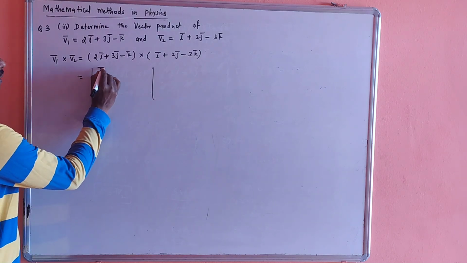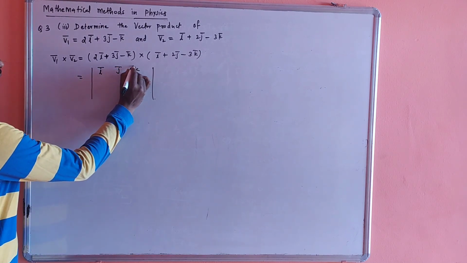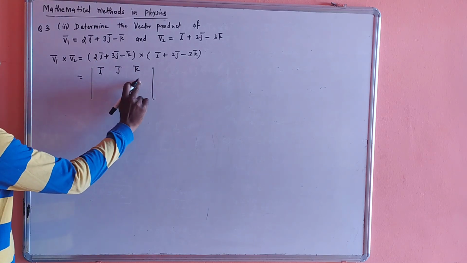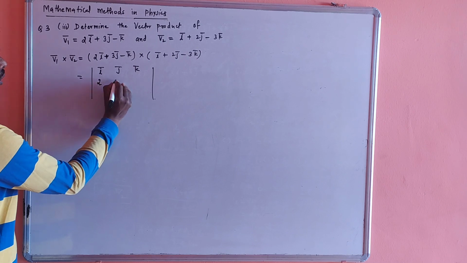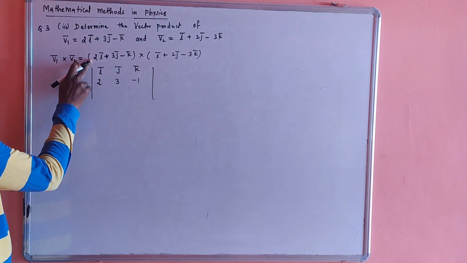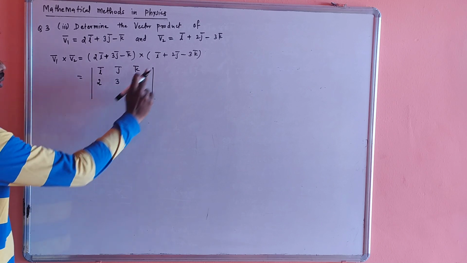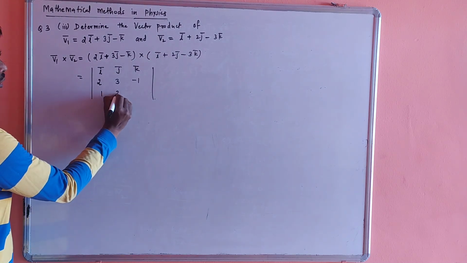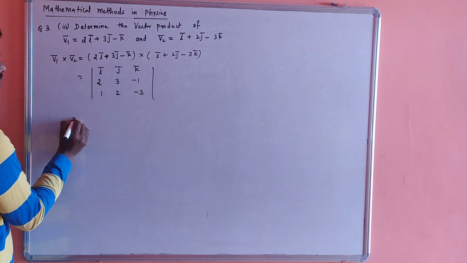So i, j, k, these are unit vectors. First vector, write down the components of first vector here, 2, 3, minus 1. These are the components of first vector. Then in last row, components of second vector, 1, 2, minus 3.